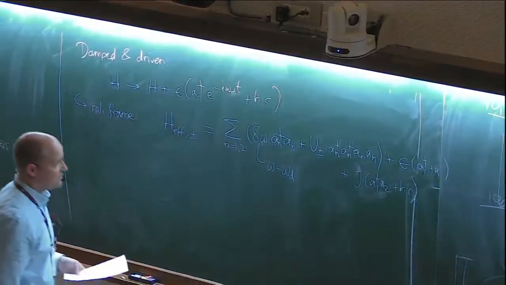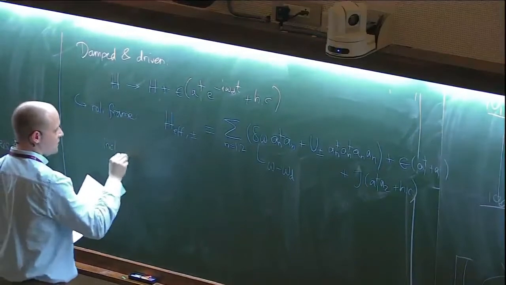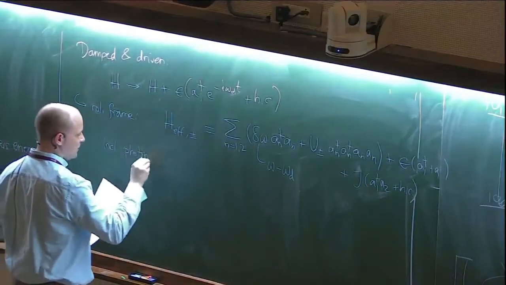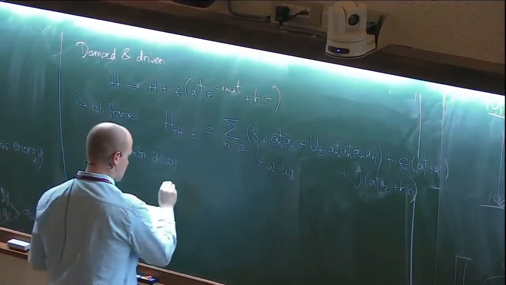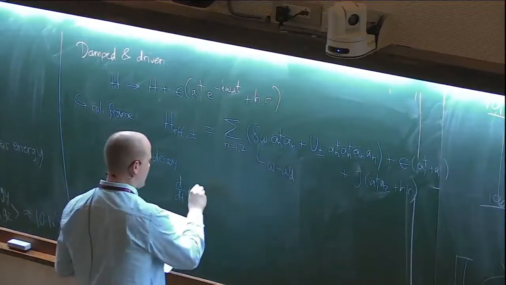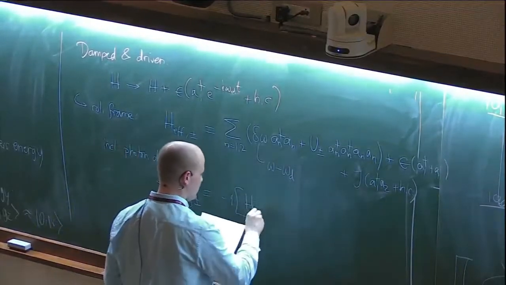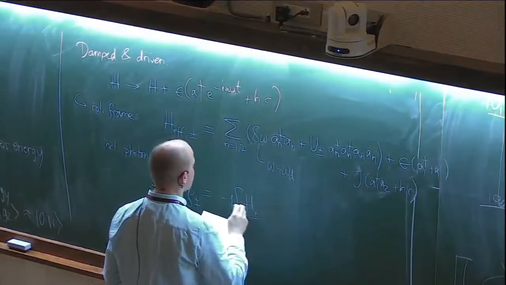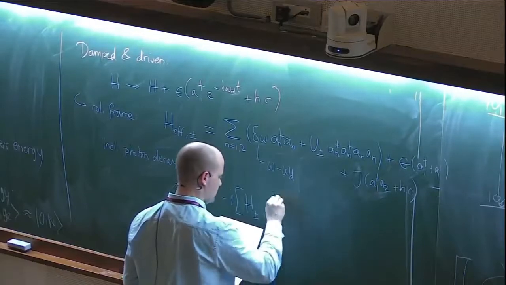All right, and clearly in order to include photon decay, we'll stick this into our Lindblad master equation. And you remember that that's just negative I commutator of H plus minus, I'll drop the effective for now, rho.